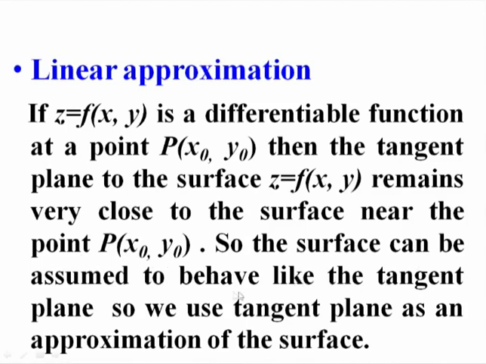So the surface can be assumed to behave like a tangent plane near the point, and the tangent plane can be used as an approximation of the surface. This approximation is known as the linear approximation of the function or surface.